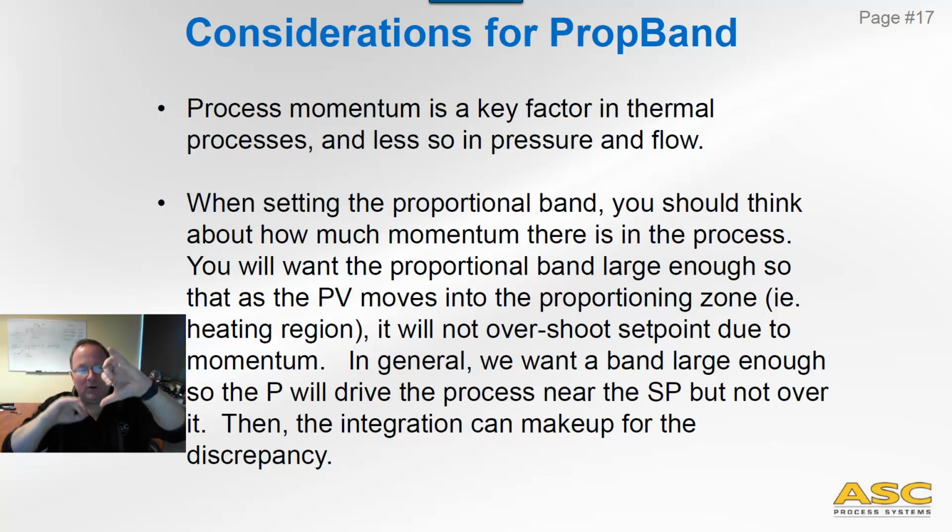Normally we don't want to size it that way. We want it big enough, even with its band offsets, so that as I approach, my momentum is going to be used up within the bottom of the proportioning band. And then the best solution is to come just slightly below set point with my P term, and then my I term can add or subtract the small amount necessary to stay at set point. Okay.